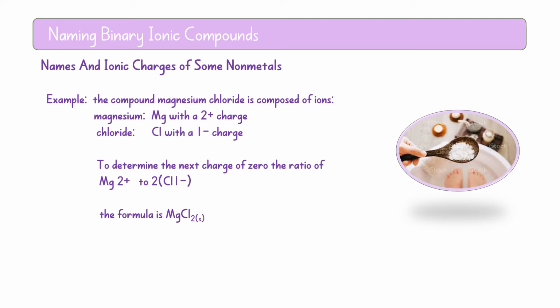To determine the net charge of 0, the ratio of magnesium at 2+ has to be 1 to 2 times chlorine at 1-. So the formula is MgCl2. And that's what's shown in our diagram, magnesium chloride.